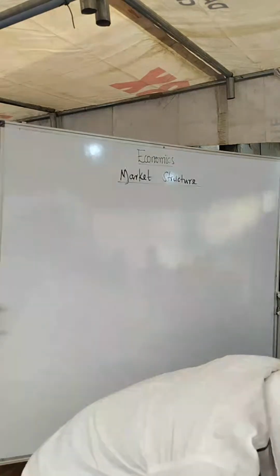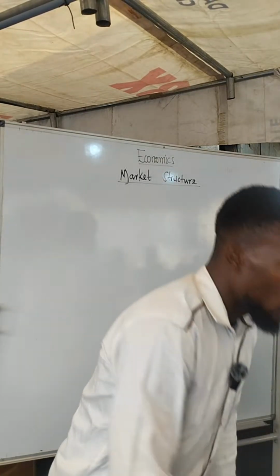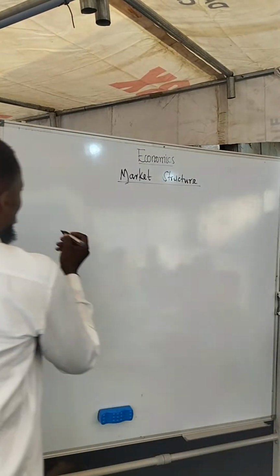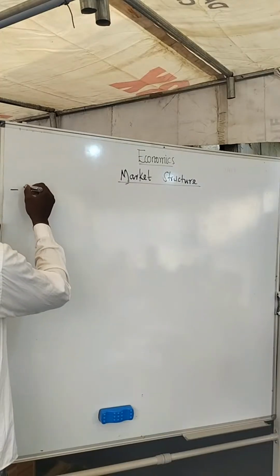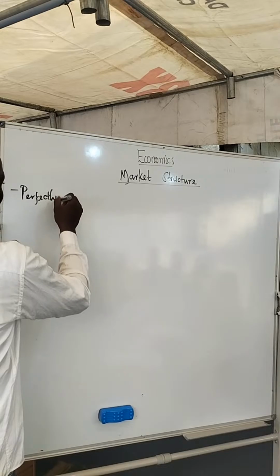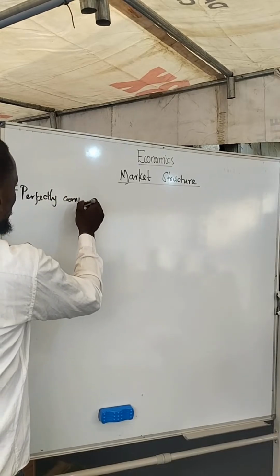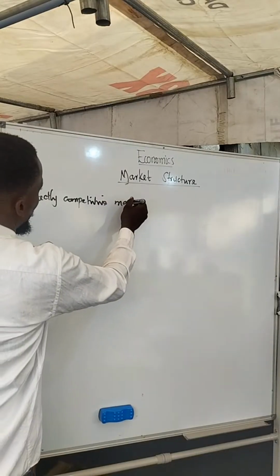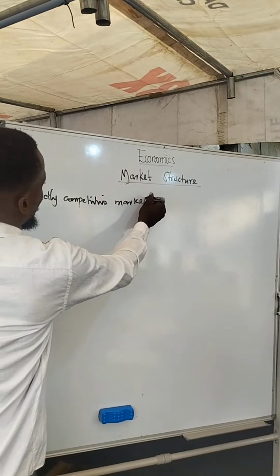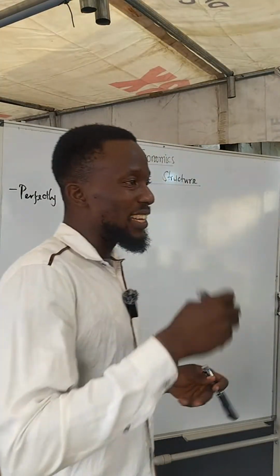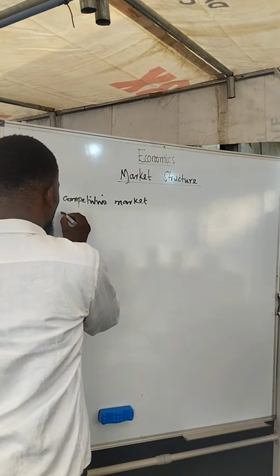So under market structure, we have to know what a perfectly competitive market is. That is for UTME. Under perfectly competitive markets, we have the assumptions and characteristics of a perfect market.